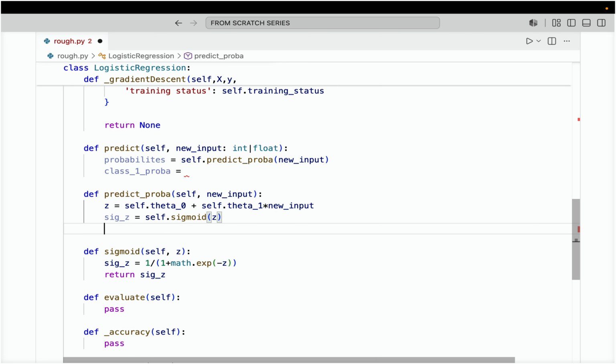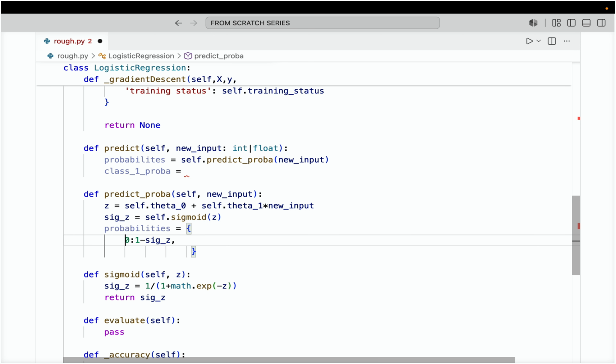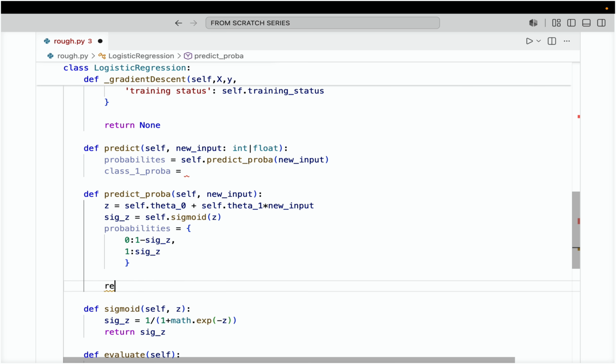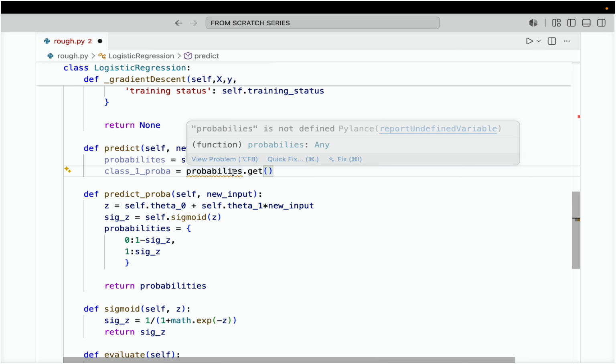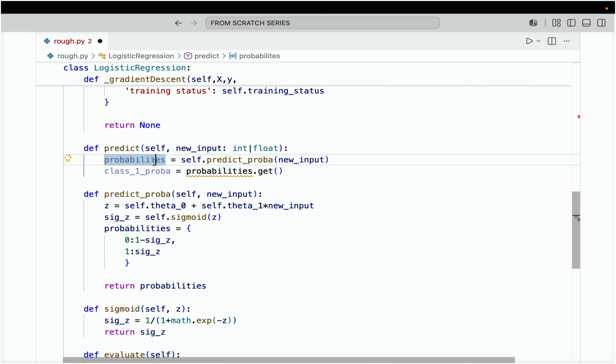Yeah, so dot sigmoid x, and probabilities will be, for 0 it will be 1 minus sigmoid of z, and for 1 it's, yeah, this probability goes here, and class 1 probability will be probabilities dot get 1 comma 0.